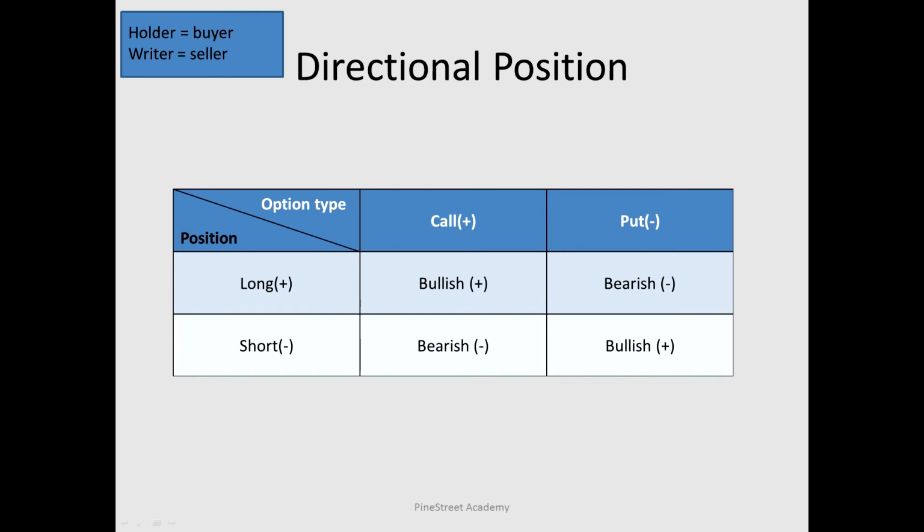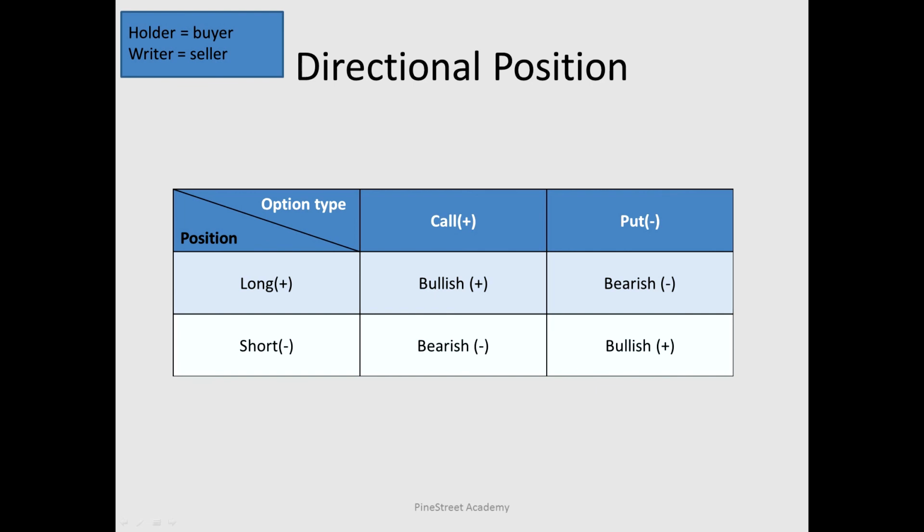Now going to the short side of things: when you're short an option, it's called writing an option, or selling an option. A lot of people call it writing an option. When you're short a call, so you're selling a call, you want the share price of the underlying to drop in value.